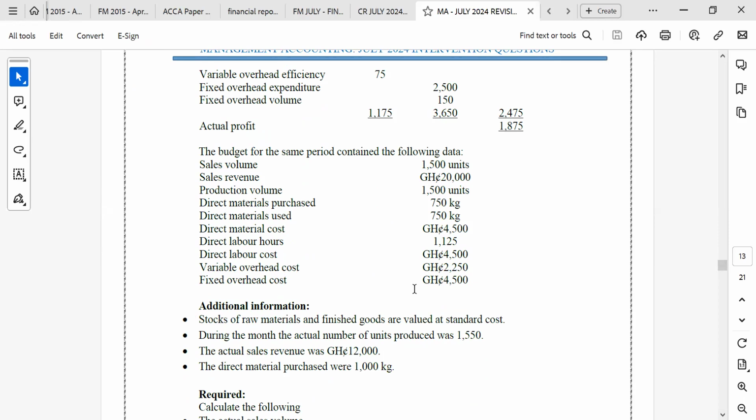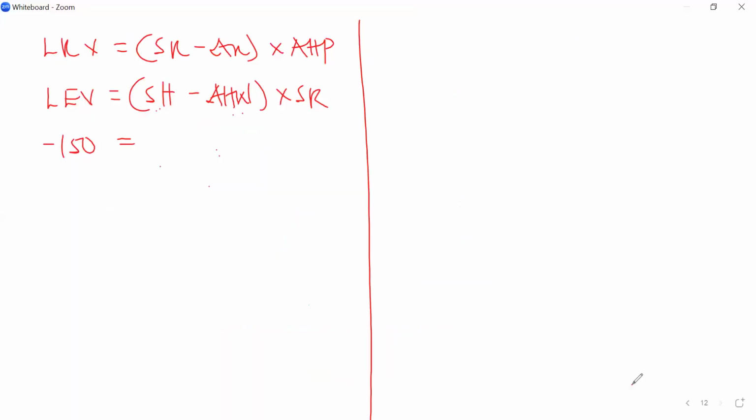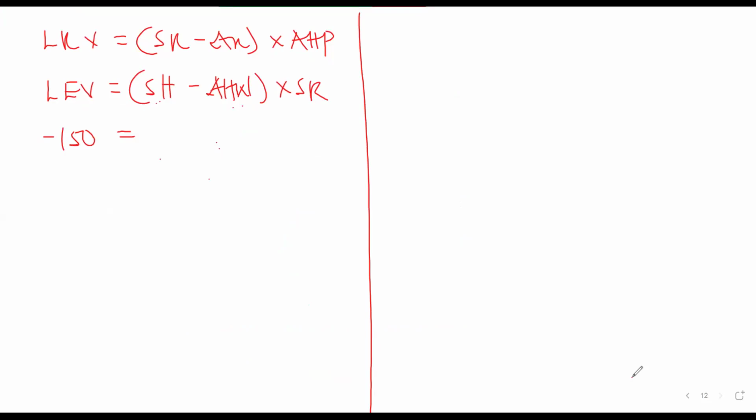We are producing 1,500 and we are using 1,125. So it will be the hours divided by the number of units that we are producing. So our standard hours will now be equal to 1125 divided by 1,500 multiplied by 1150.